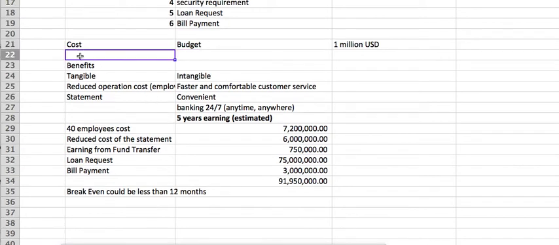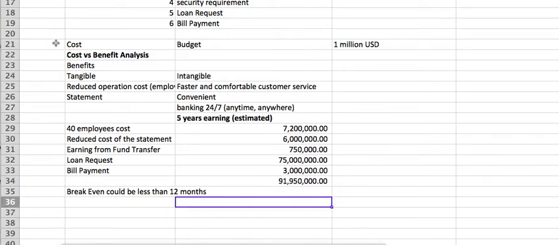So this is your cost versus benefit analysis, in which we talked about the cost here. Okay, question.